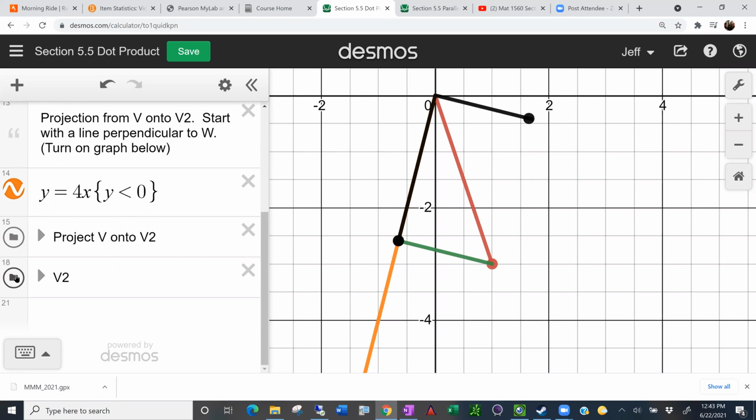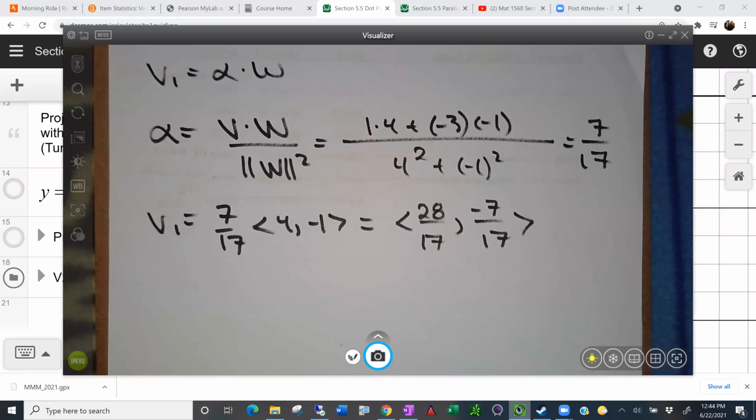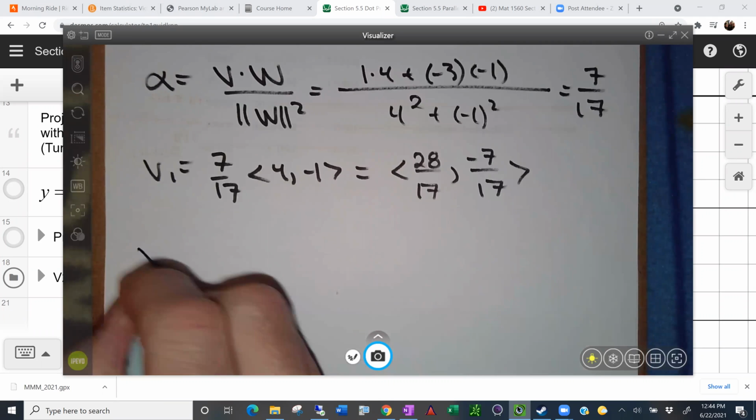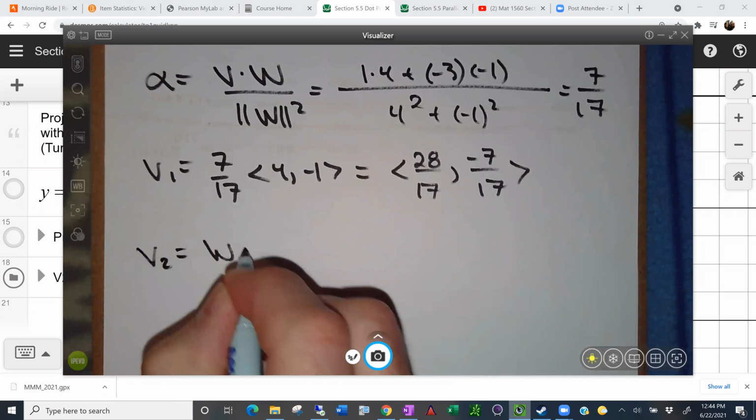And that'll be vector V2, which is this part. So you've decomposed this vector into those two parts. Let's find that second part. The second part is here. V2 equals W minus V1.